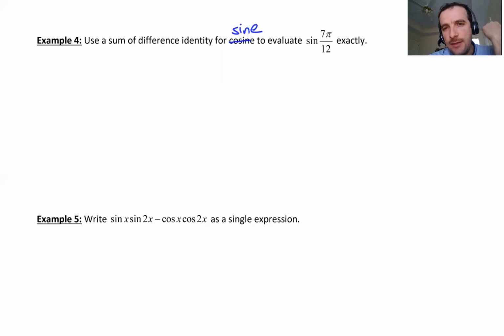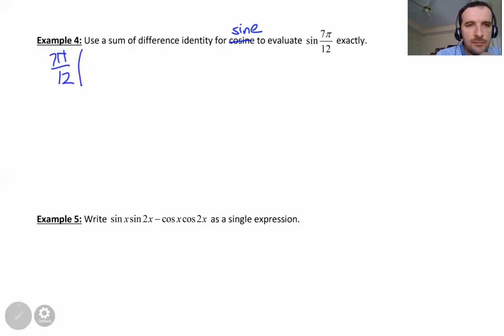But before doing that, 7 pi over 12, let's convert it to degrees, okay? It's easier to work with degrees. So 7 pi over 12 times 180 over pi. I cross out pi's, and I can simplify 180 and 12, which gives 15. 7 times 15 is 105 degrees, right?